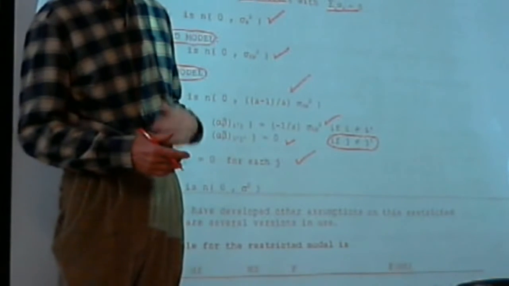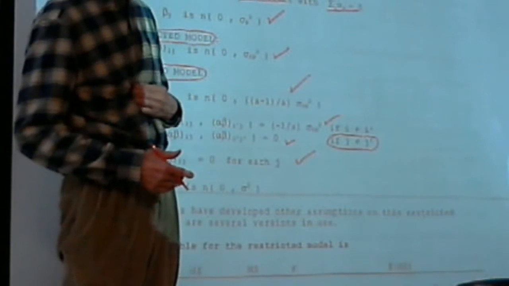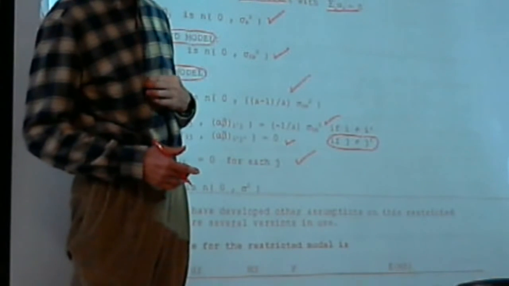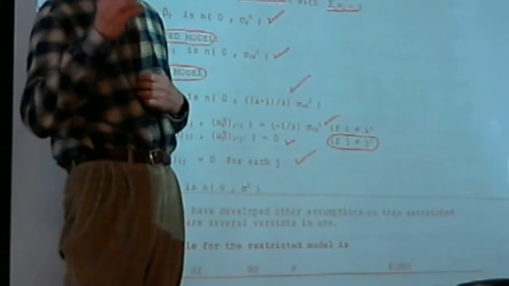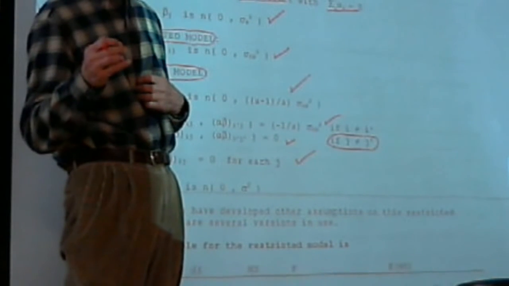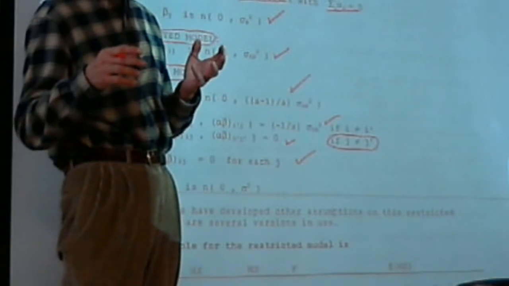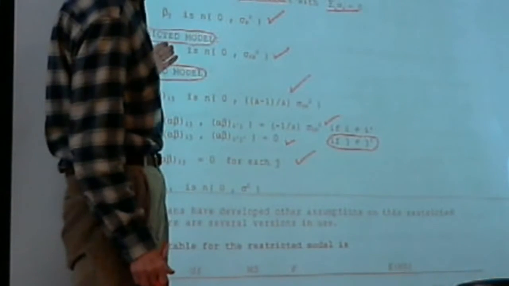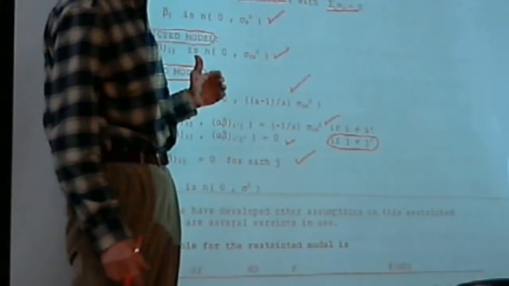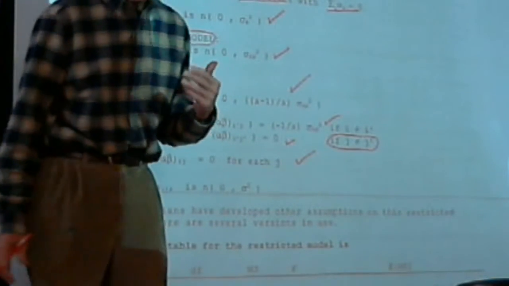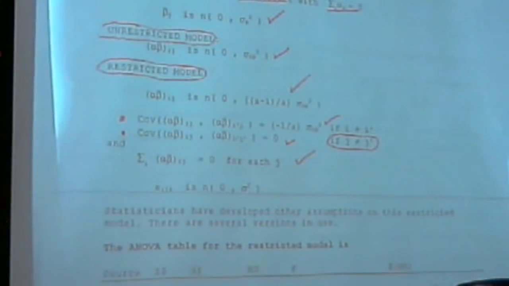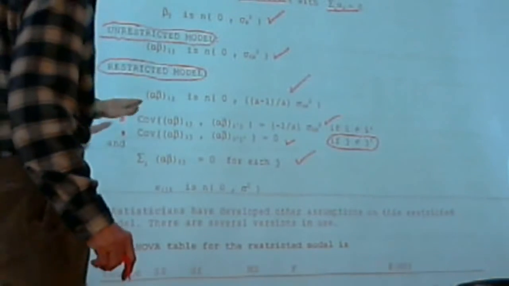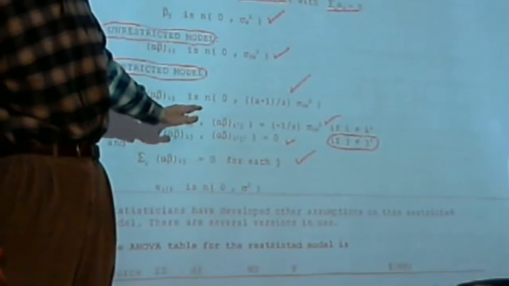But you'll find that the software, Minitab for example, will refer to restricted model or unrestricted model. And so what are appropriate F statistics to use depends on whether you're going to assume the unrestricted or the restricted model. To make things worse, if you look at other books on design of experiments, they talk about restricted models as well, but they put in different conditions than these.